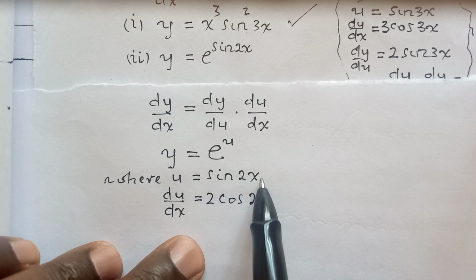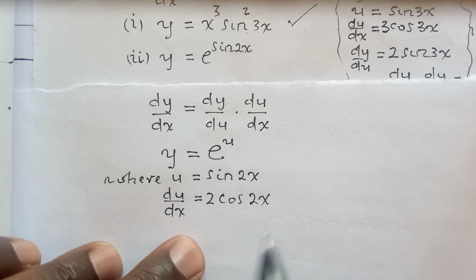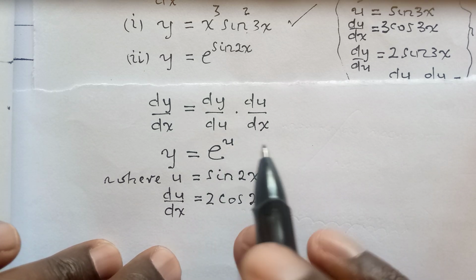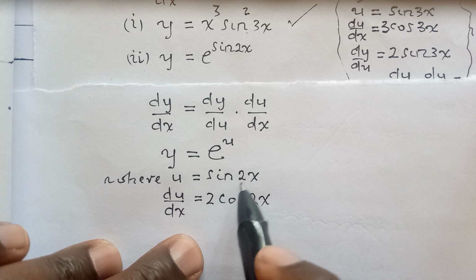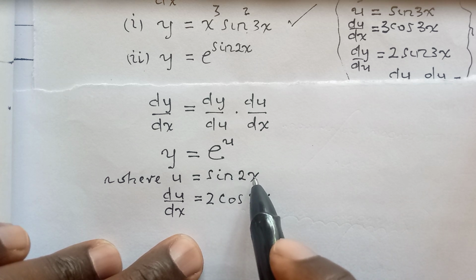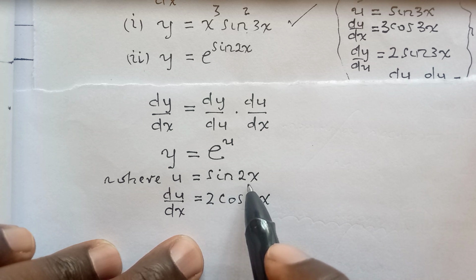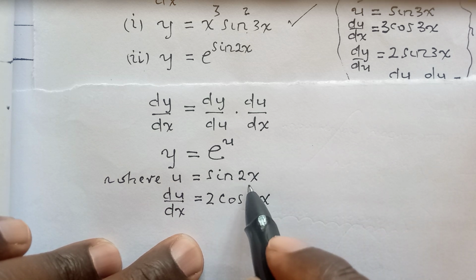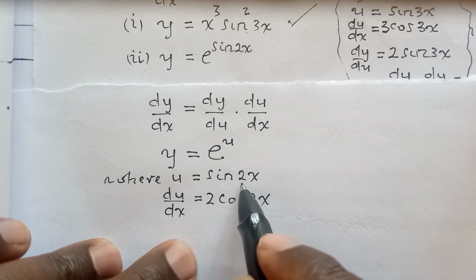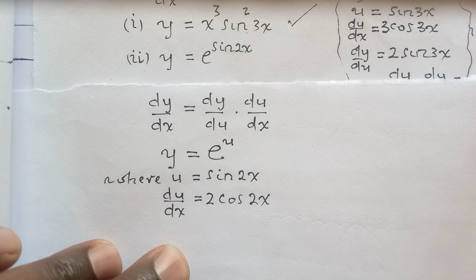Actually, for this one, we still use chain rule once again, whereby for the chain rule this is how we understand it. First of all, you differentiate from the outside. That is sine, whatever it is inside there. You get cos, whatever is inside there, which is cos 2x. Then you go to the inside. You differentiate again. 2x, you get 2. So that is actually the chain rule principle.